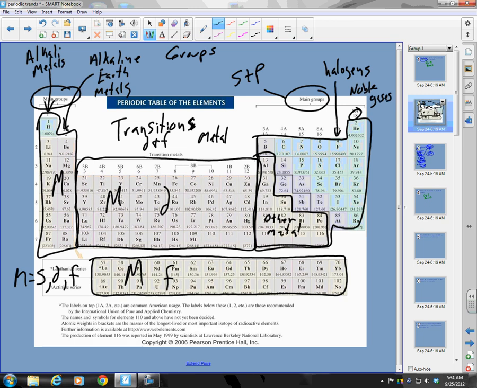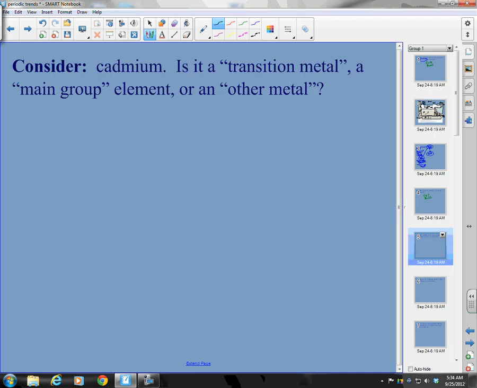So the other metals are my P block metals. When I say, where are my metals on the periodic table? You can say S block, D block, F block, and the lower section of the P block make up my metals.